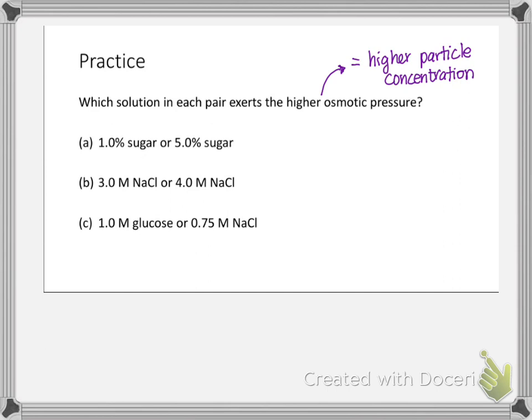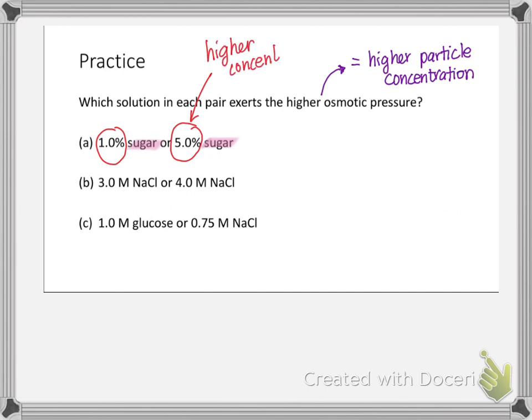All right, so let's look at these. Now, these are pretty easy. Do you notice on letter A, it's both sugar? When you have the same substance on both sides, we know the side with the higher concentration has the higher osmotic pressure. So if it's both the same, all you have to do is look at those numbers and find the higher concentration.